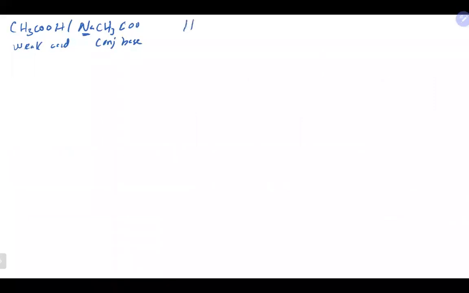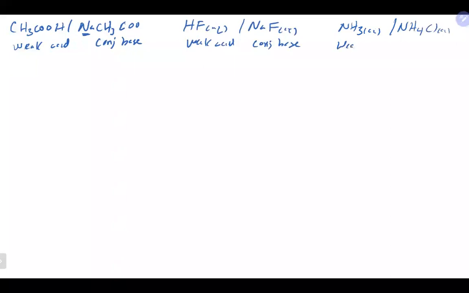We could use HF, which is a weak acid, and something like sodium fluoride or potassium fluoride. That is, again, a weak acid and its conjugate base. Or you could even use a weak base like ammonia and ammonium chloride, which is a weak base and its conjugate acid.